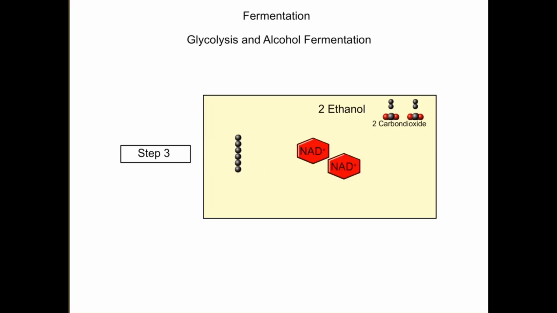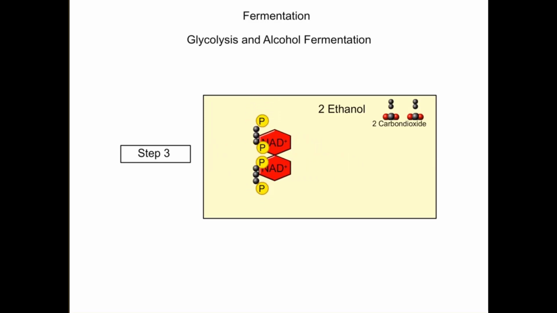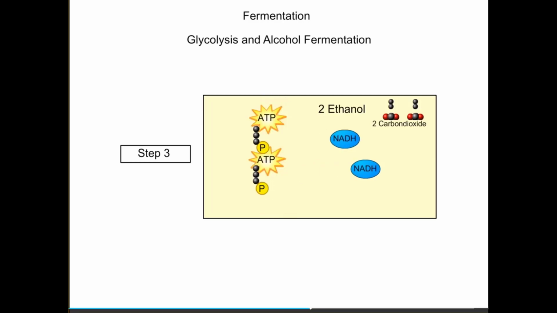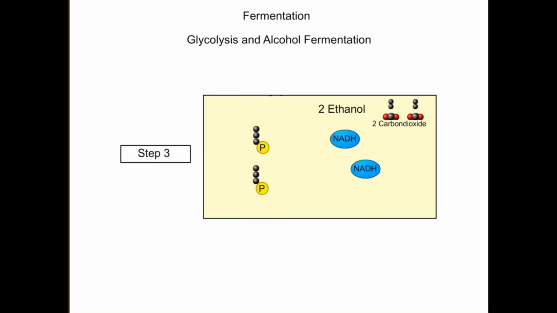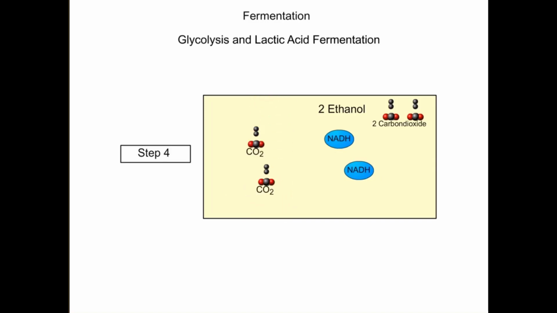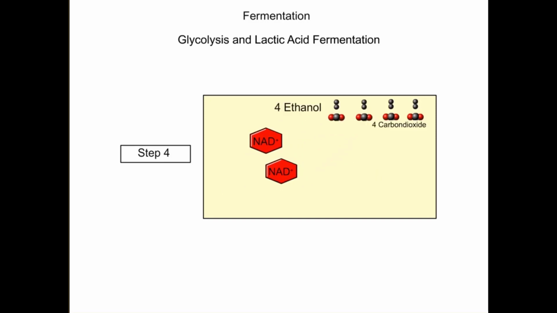With a continuous supply of NAD+, glycolysis can continue producing more ATP. During fermentation, the NADH produced by glycolysis is oxidized, ensuring a continuous supply of NAD+ for glycolysis. Alcohol fermentation occurs in yeast cells.